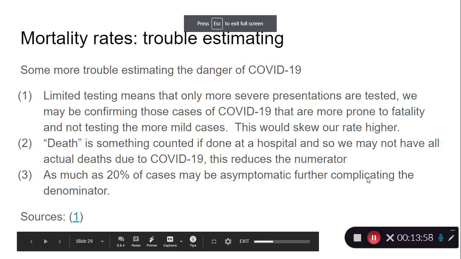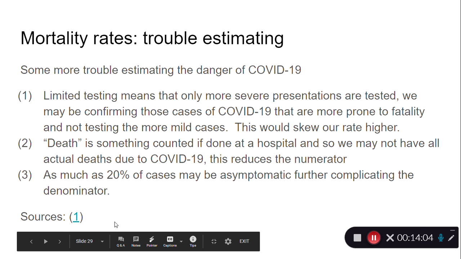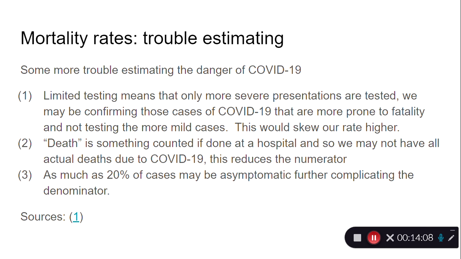So there's some trouble estimating the case fatality rate I've been reading about. And you notice through all these slides, I've started linking sources of pretty good, reliable articles that I've found. So, limiting testing. We've chatted about this before. There's an interesting perspective I read: because of limited testing, we're only testing really severe presentations of the condition. If you're not showing symptoms, you're not going in at all.